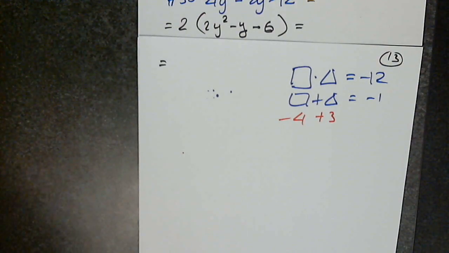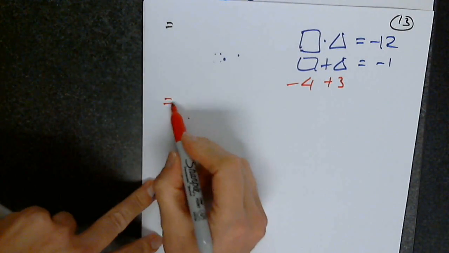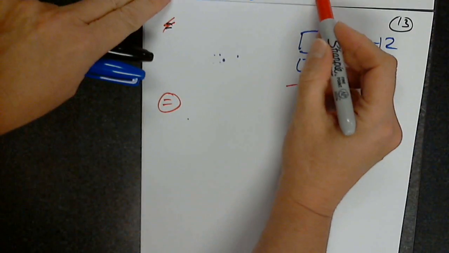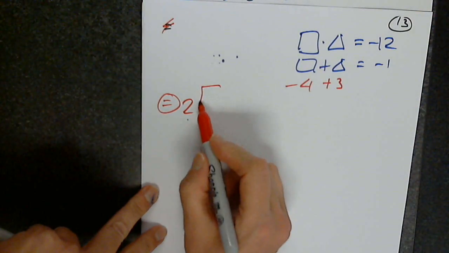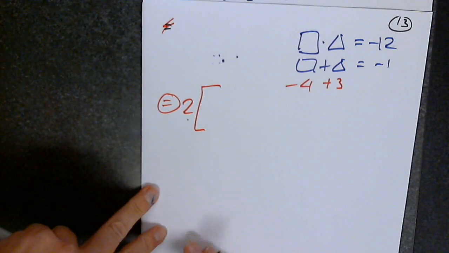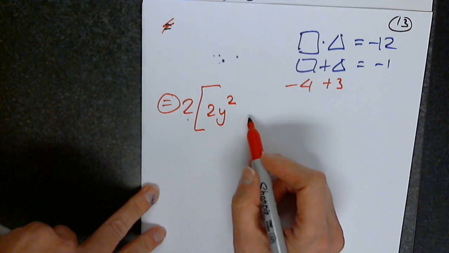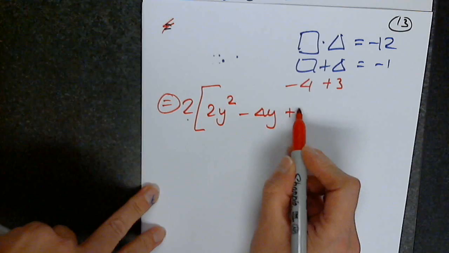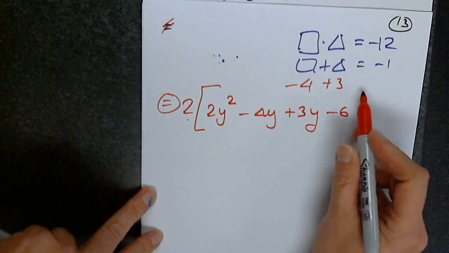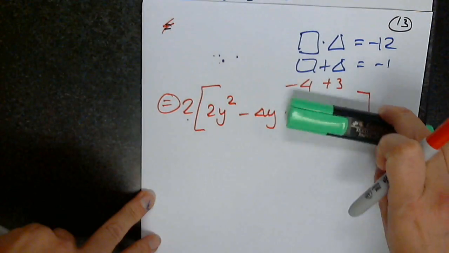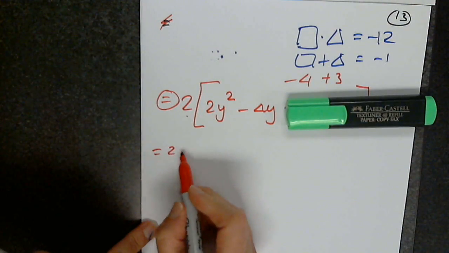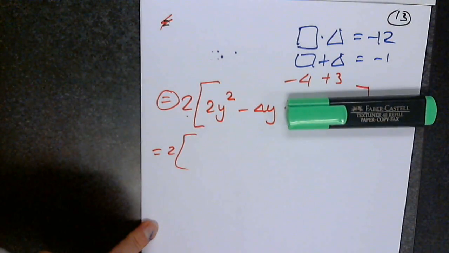Good. So can anyone dictate the next step? Rewrite. Good. So then 2y squared minus 4y plus 3y minus 6. Excellent. So then from the first two, what will you pull out?